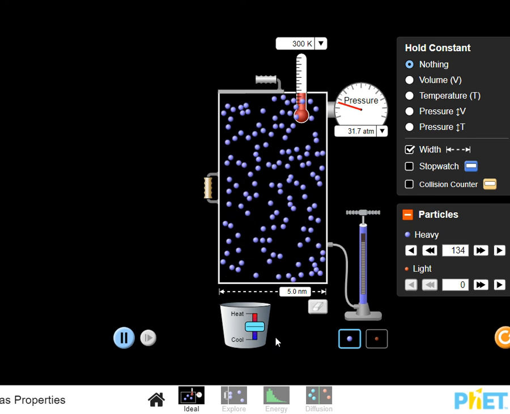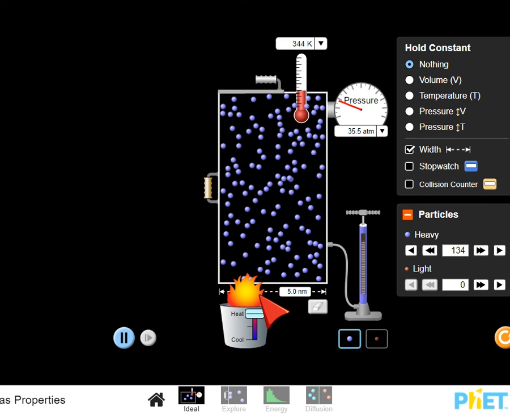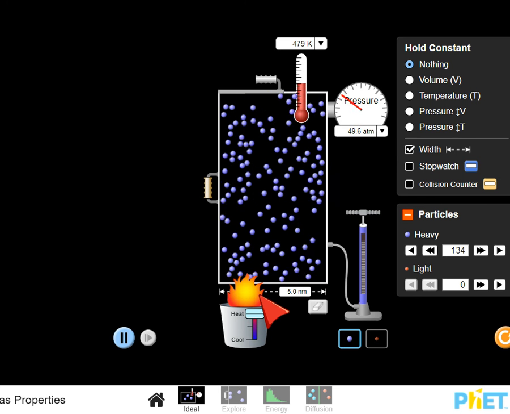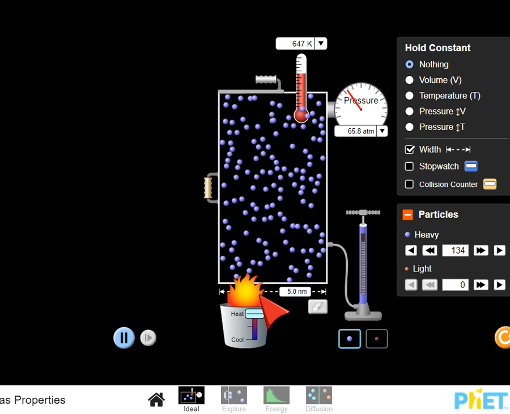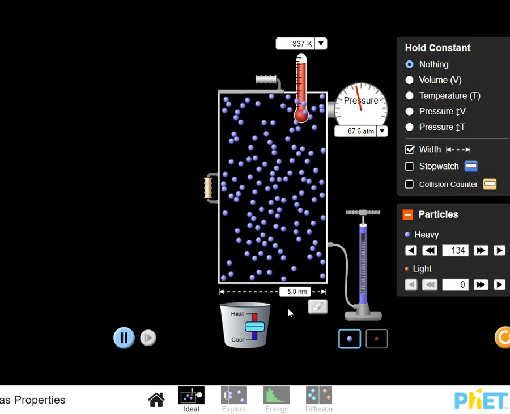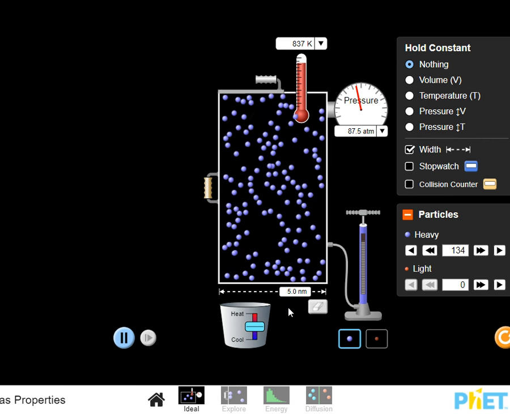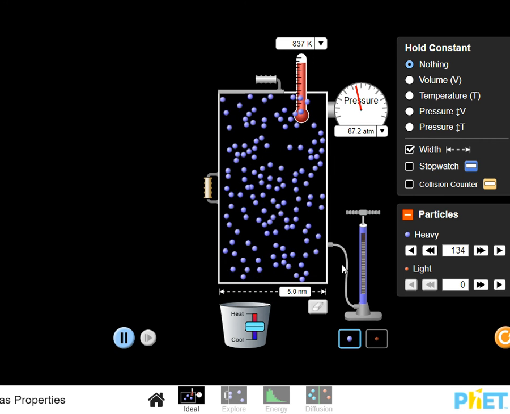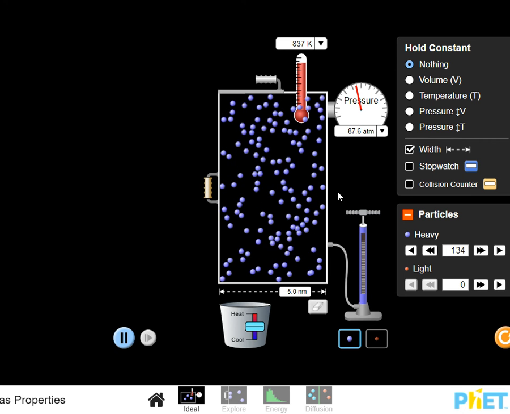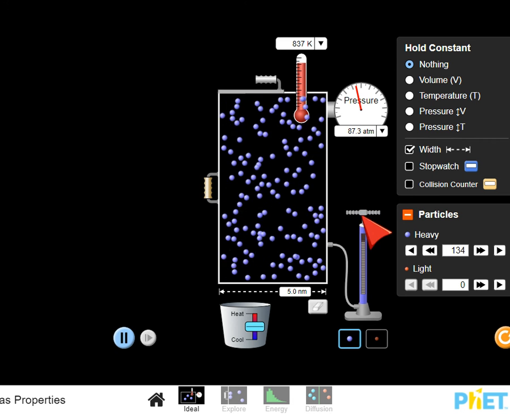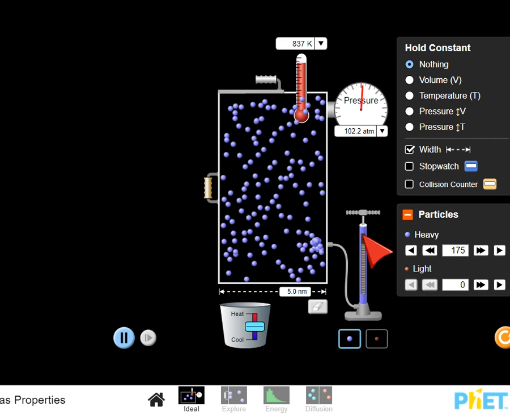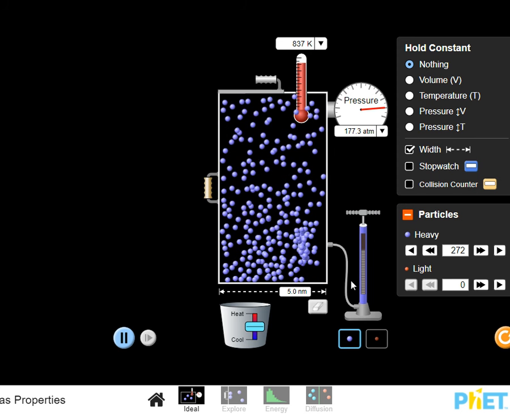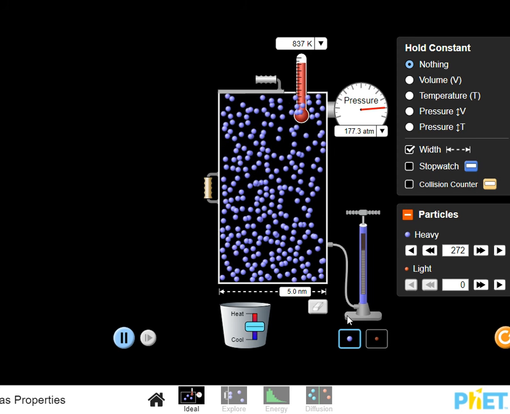What if I heat it up? That makes the pressure go up. And the other thing we can change is adding. So if I add gas, for every pump, I'm going up a measurable amount.